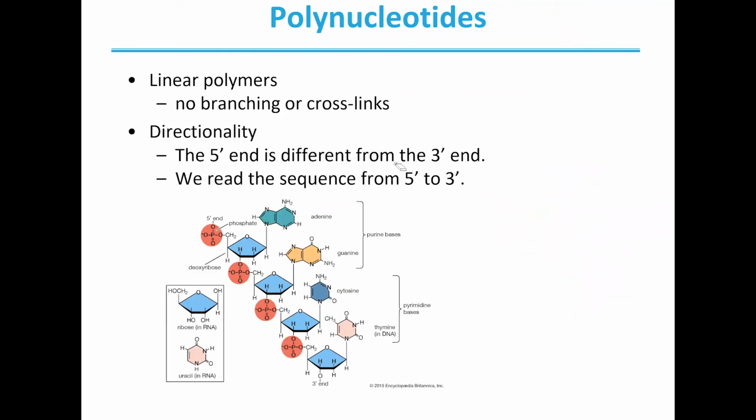Now, polynucleotides only grow linearly. This is similar to our amino acids. Remember that when we link amino acids together, they only grow in a linear chain. So if you had an amino acid chain, for example, something like this, and so on, these only link linearly, but then they can fold themselves into a 3-dimensional structure.